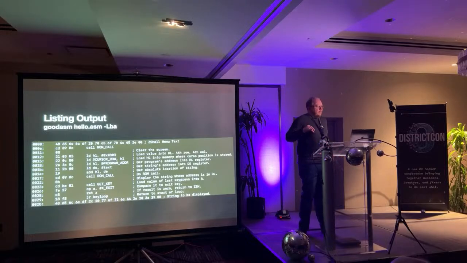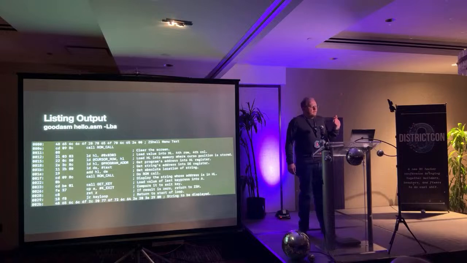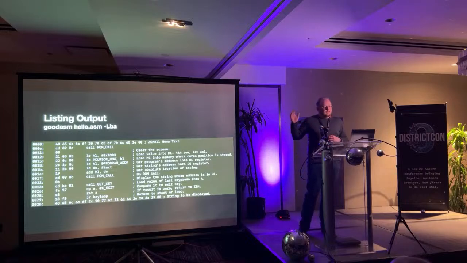And here, again, this is the output of the assembler. I still have an address on the far left, but then I start having a column of bytes, which are what I'm describing, followed by the instructions, followed by the comment. And this becomes a lot easier to follow what individual bytes mean.